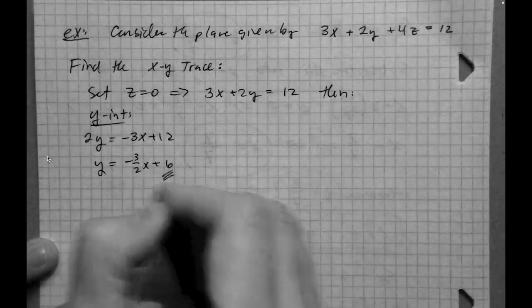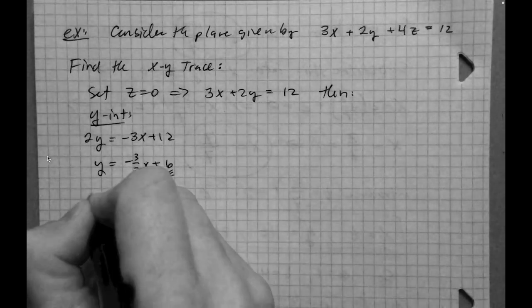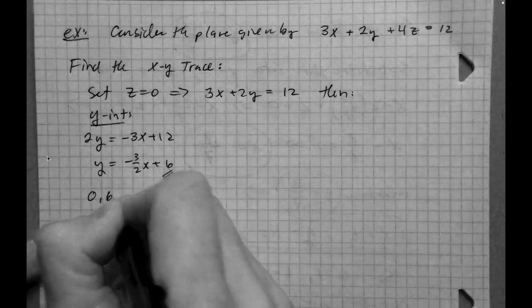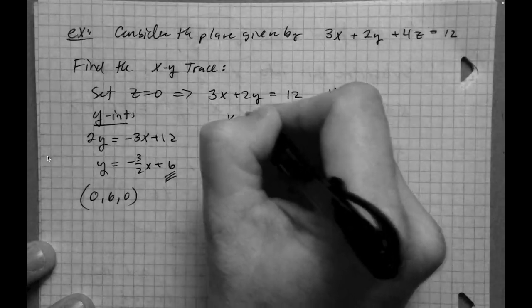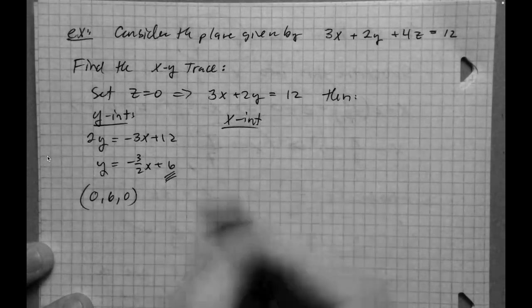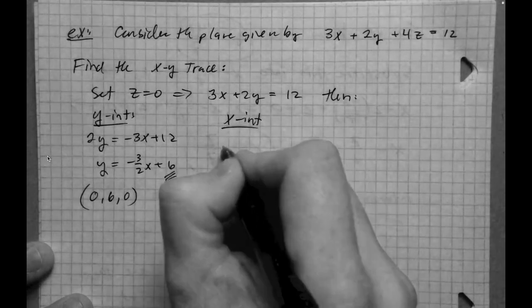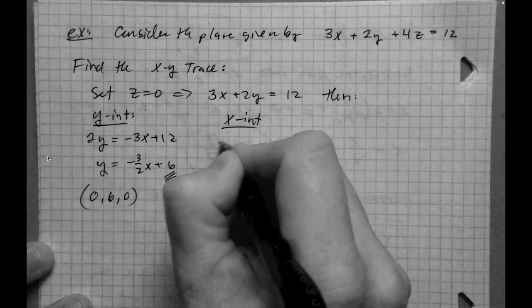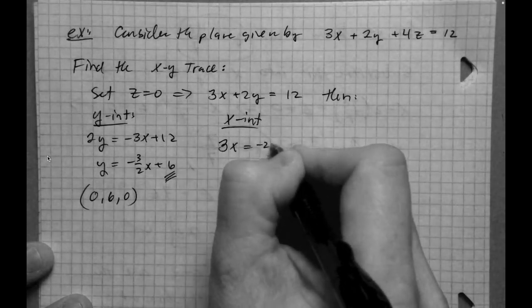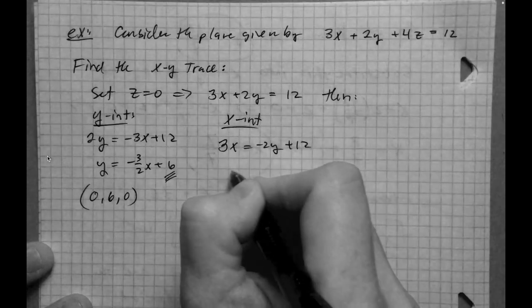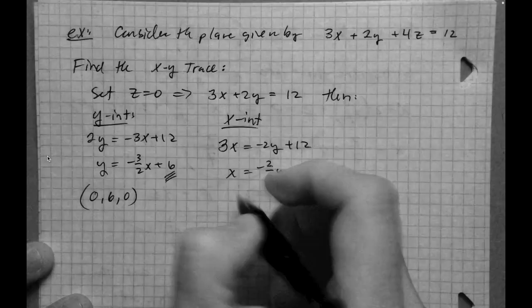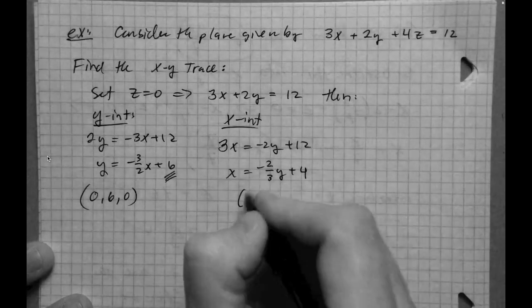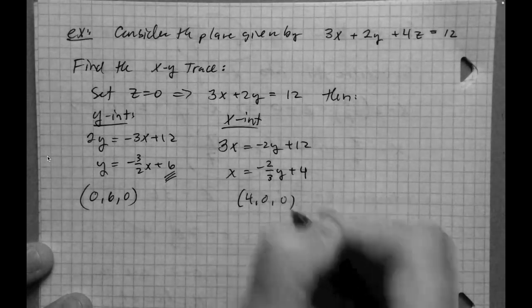It would intercept the y-axis at (0, 6, 0). What about the x-intercept? It's the same thing, except you solve for x. So 3x equals negative 2y plus 12, and so x equals negative 2/3 y plus 4, and so your x-intercept is (4, 0, 0).